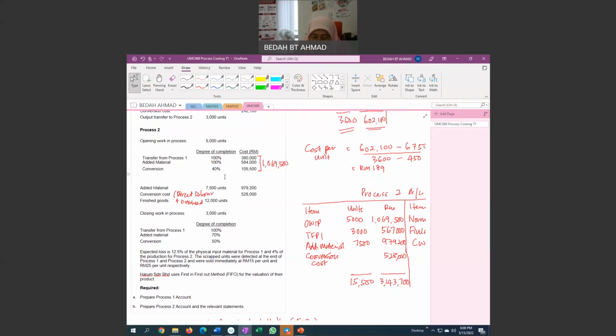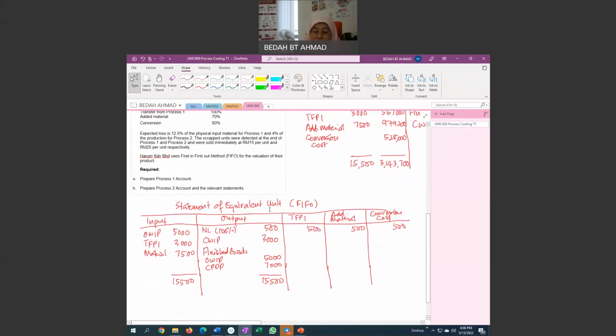Since we are preparing the statement of equivalent unit for process 2, that means there is nothing to complete for process 2 for the opening work in progress. So it's nil.